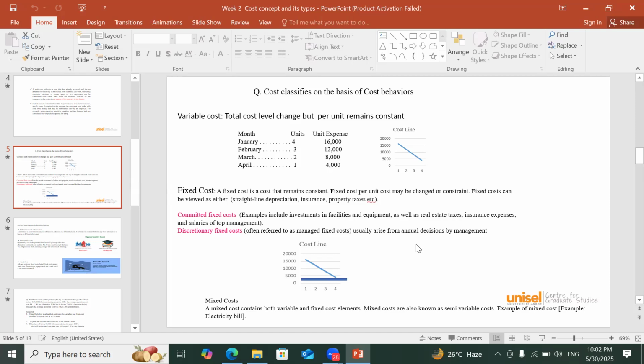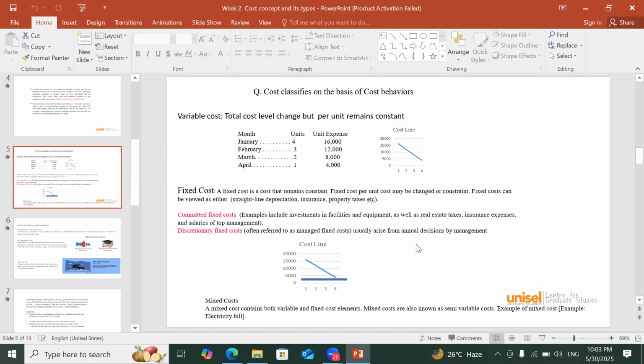And other costs, besides fixed cost and variable cost, you can put under mixed cost. Okay, mixed cost has some variable cost and some fixed cost.